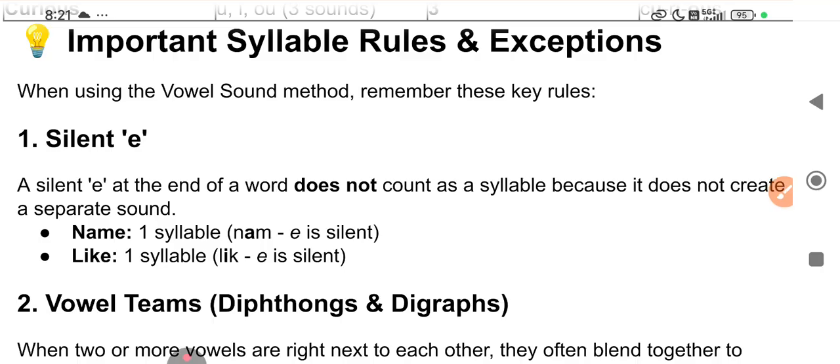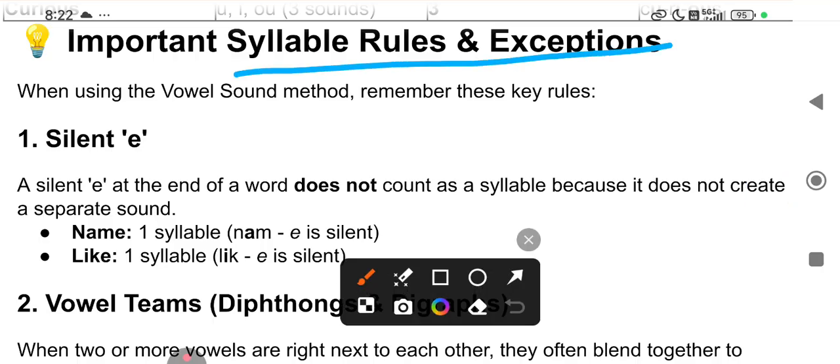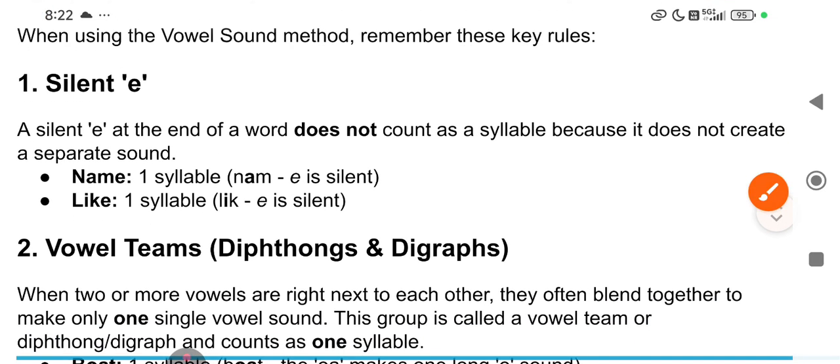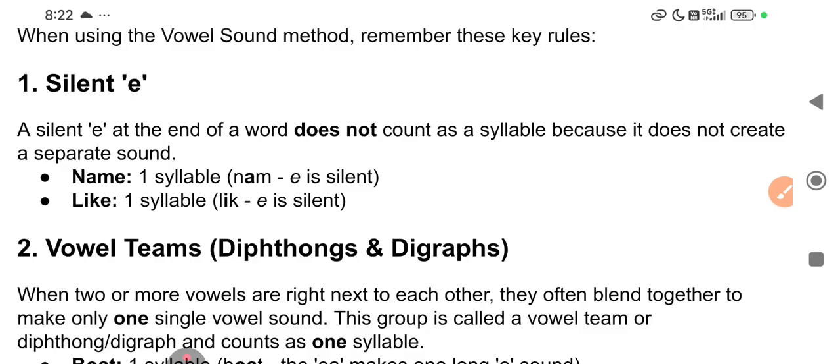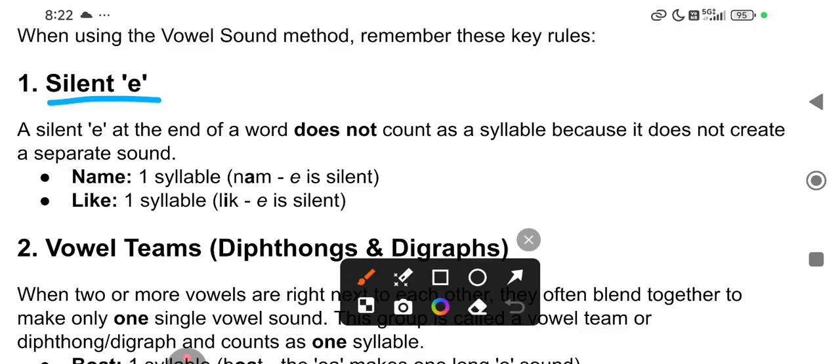Now the next method is important. Now next is syllable rules and exceptions. So what are the syllable rules and exceptions, we will discuss. When using the vowel sound method, remember these key rules, because we have to remember silent E and vowel teams.